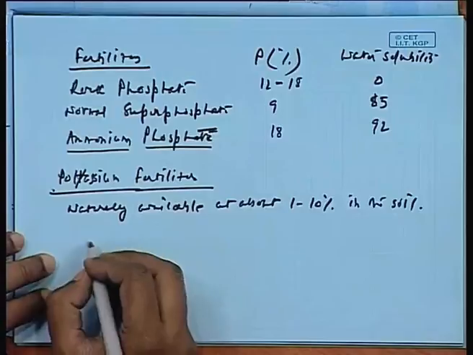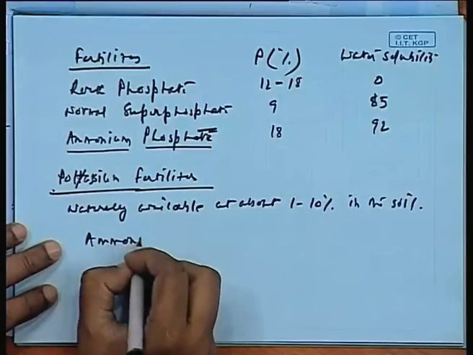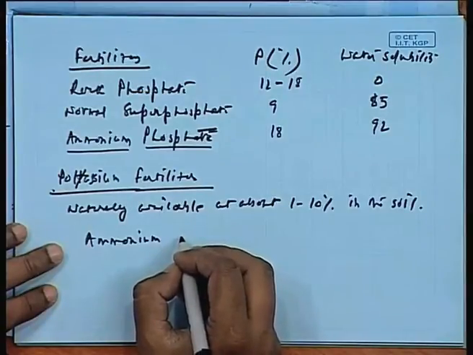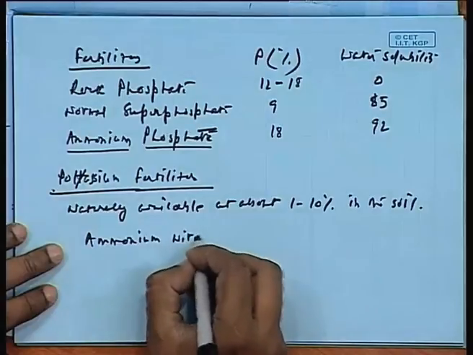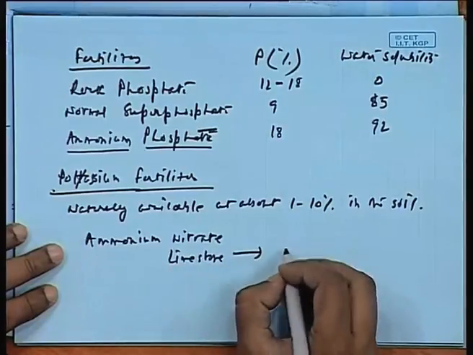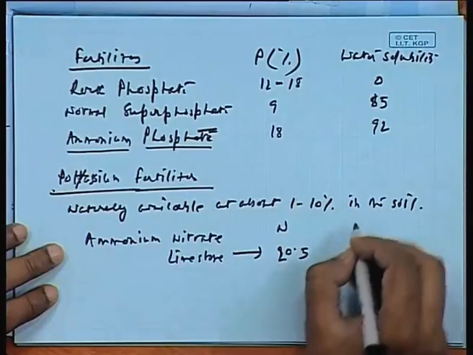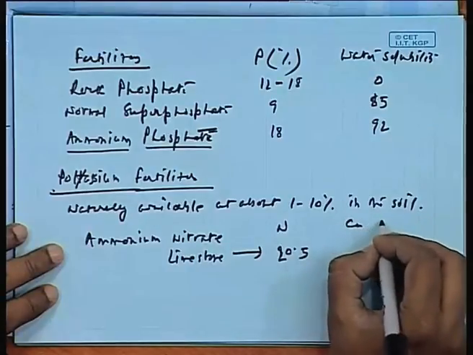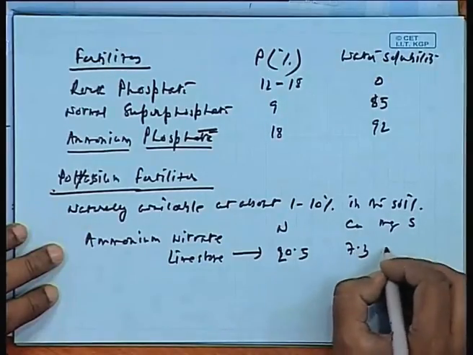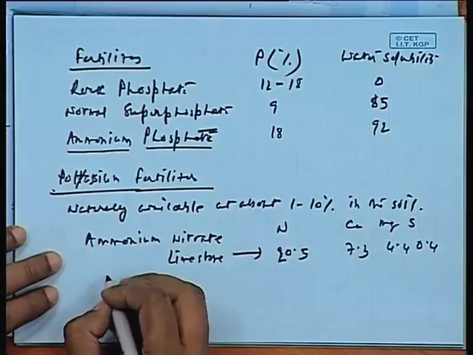They are the standard. Otherwise, the fertilizers that are used, this is ammonium nitrate limestone, where the nitrogen would be 30, where we are combiningly using calcium, magnesium, and sulfur at 7.3, 4.4, and 0.4, whereas another very important one is the superphosphates.